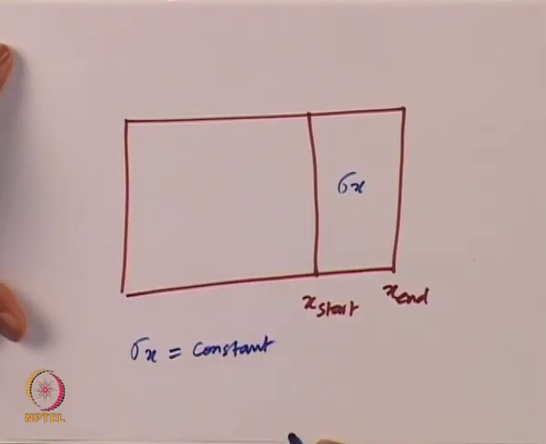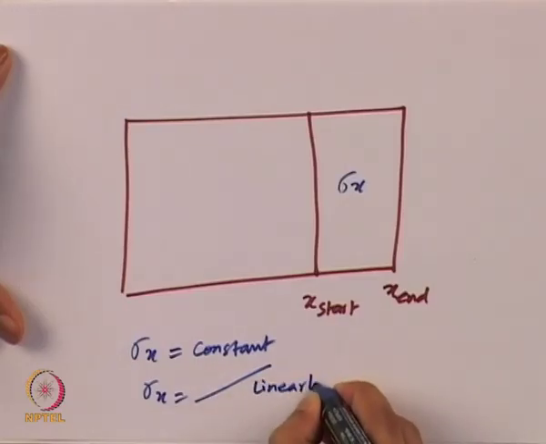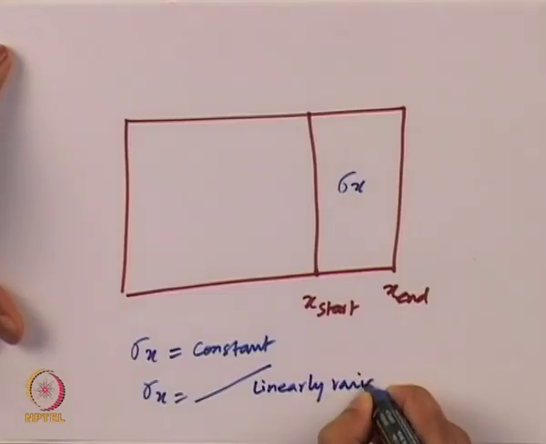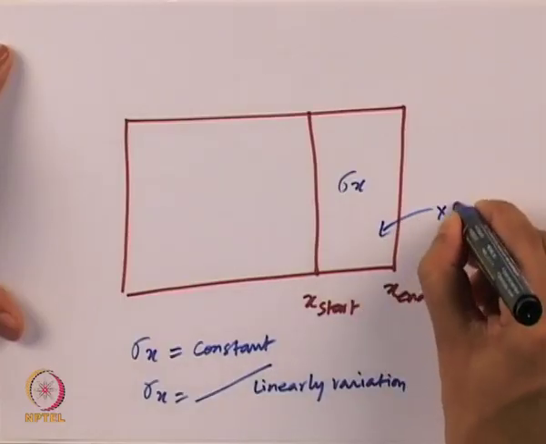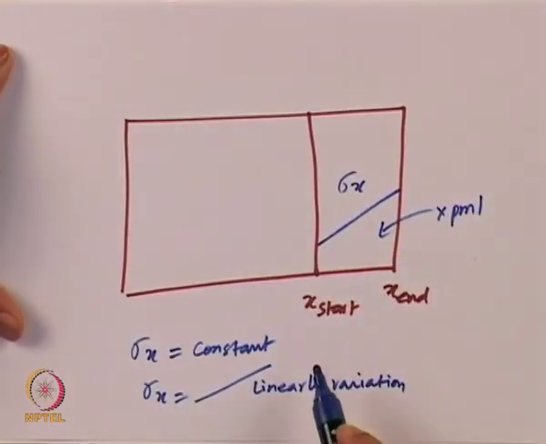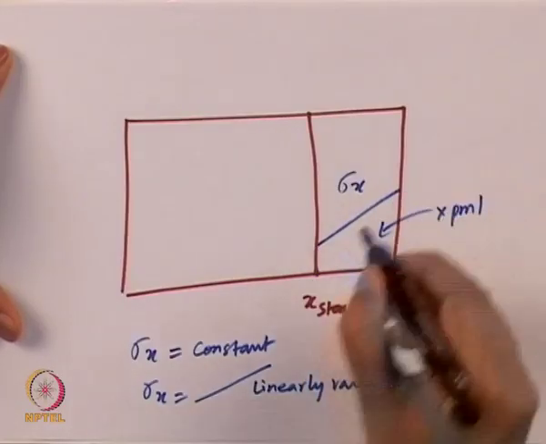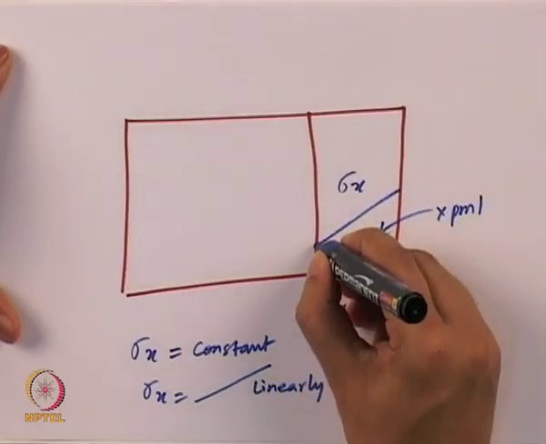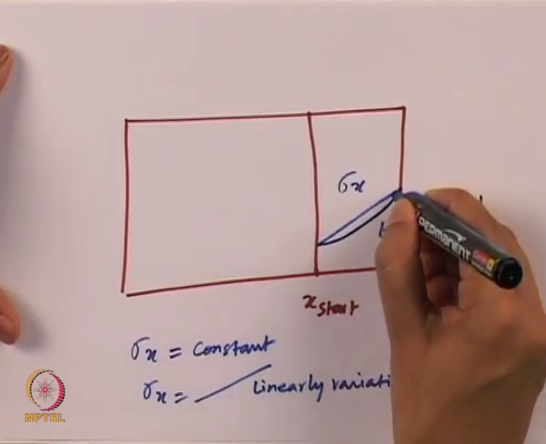That is one of the options we can choose, or we can say sigma x is going to vary linearly within the PML. So this is x PML, and the value of sigma x is going to vary linearly, where the value will be minimum at the start and maximum at the end, or we can go for a parabolic value, so it is going to have a kind of a curve.